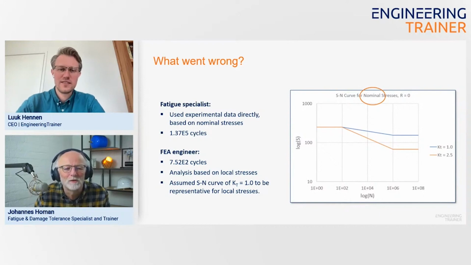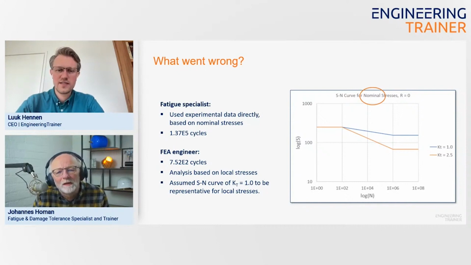The finite element engineer based his or her analysis on local stresses and assumed that an SN curve of KT1 could be representative for those local stresses. As you can see, slopes are already different. So in this case, we ended up here, and in the other case, we ended up here.